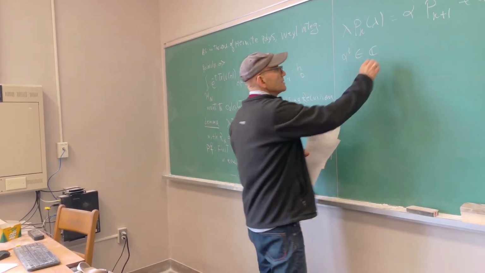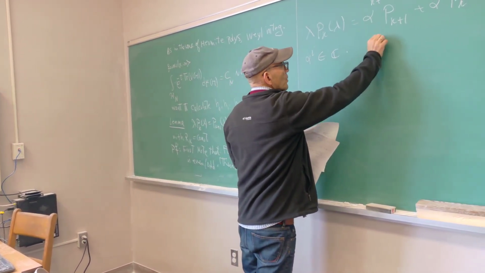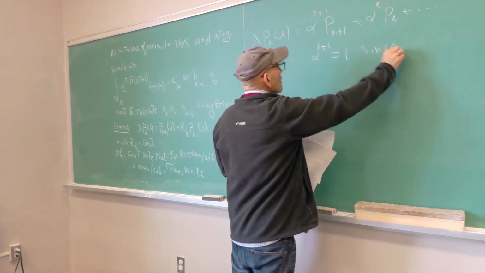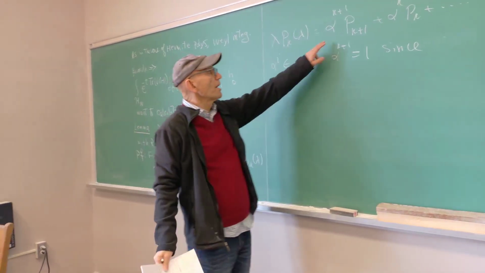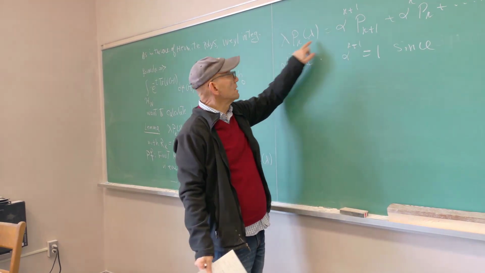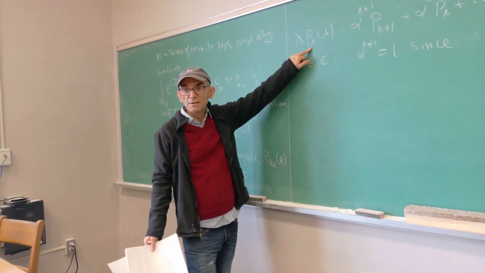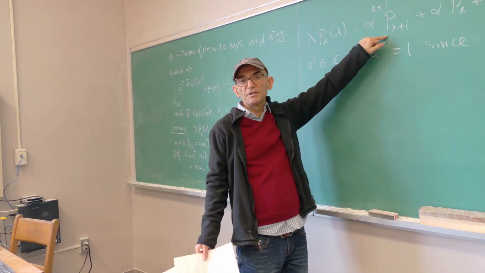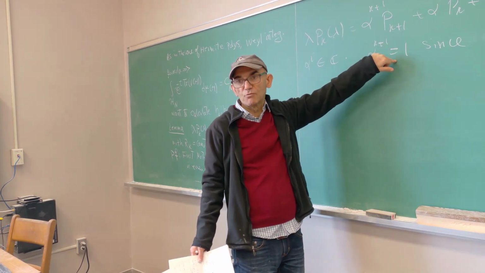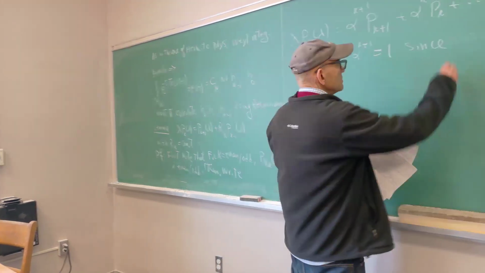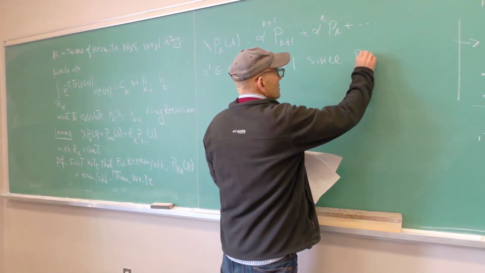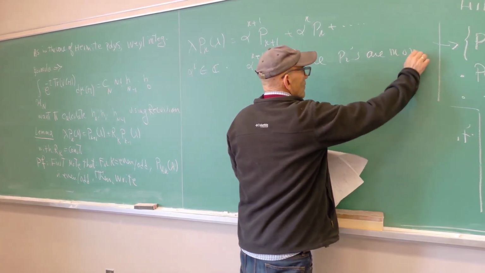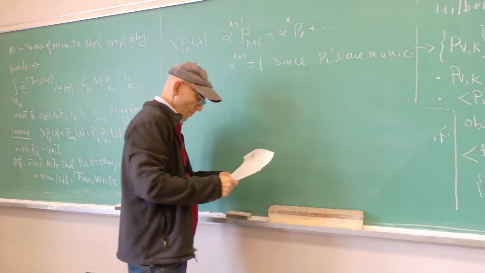Now, first of all, note that alpha_{k+1} is equal to 1. Let's observe why: lambda p_k is monic of degree k plus 1, and p_{k+1} is also monic of degree k plus 1, so the only way is for alpha_{k+1} to be 1, since the p_i are monic for all i.